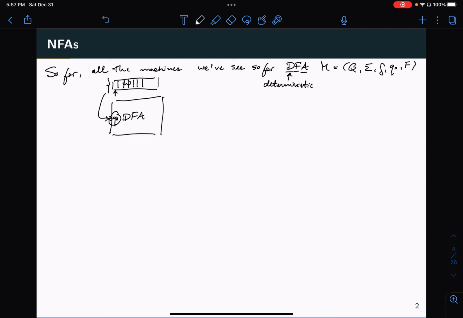So for instance, you can imagine if the very first letter on my input tape was A, and of course I started at the start state Q0 and I read an A, perhaps my transition function would tell me to go to Q1, right? So formally that would look like delta of Q0 reading an A goes to Q1. Okay, that's how we wrote it for a DFA.